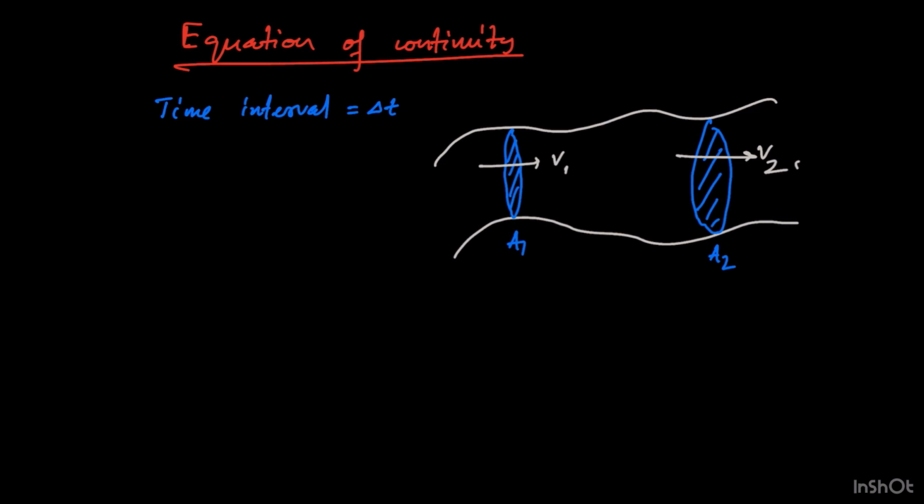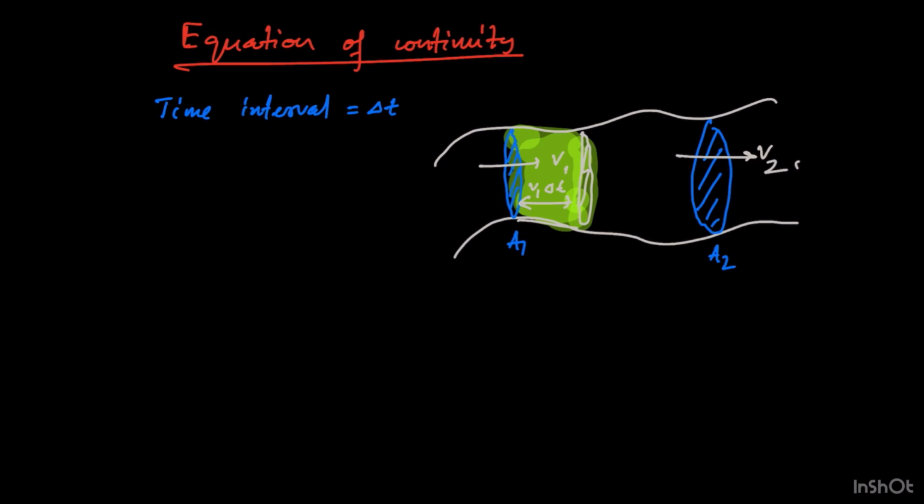So this cylinder is of length v1 delta t. All the fluid inside this cylinder is entering the tube through this area of cross section in delta t time.